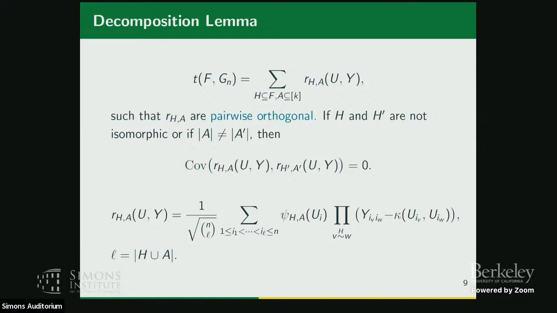So the psi function depends on all of these indices in H union A. And there is a scaling of 1 by square root n choose L, so it's like n to the L by 2 here.